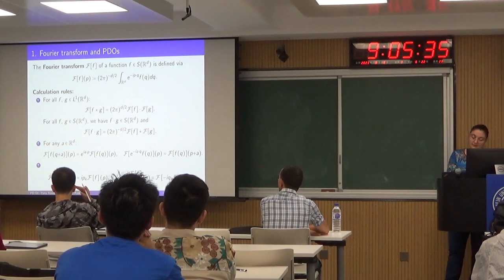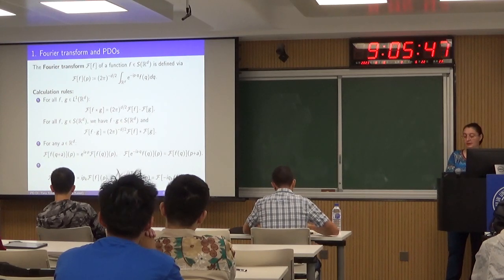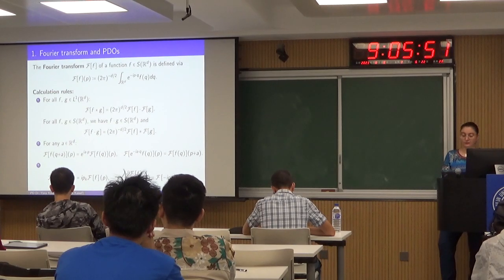And the third duality, which is also very important for us, is the following: the Fourier transform of a derivative. Q is a vector variable, so we have a partial derivative with respect to the k-th coordinate of q.